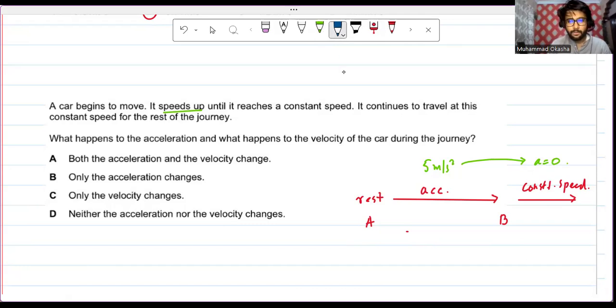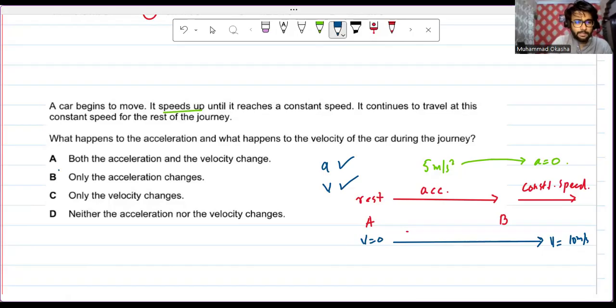What about the velocity? Initially, it was at rest, so velocity was equal to 0. And then it started moving at a constant speed, so velocity has some value. Let's say, 10 meter per second. For example, I'm taking any random number. So acceleration changed, yes. Did velocity change? Yes. Only acceleration changes would be incorrect.